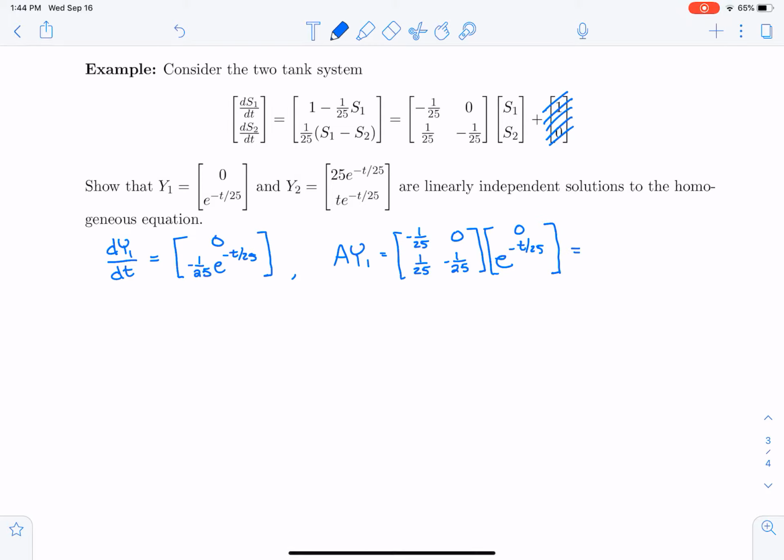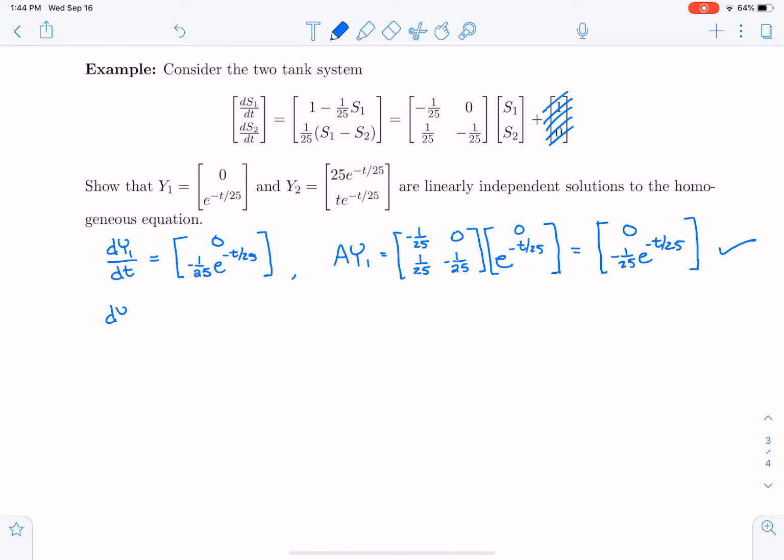And when I do the multiplication, the first row multiplied by this column actually just gives me 0. But then the second row multiplied by the column gives me negative 1 over 25 e to the minus t over 25. And you'll notice that indeed dy1/dt does equal A times y1.